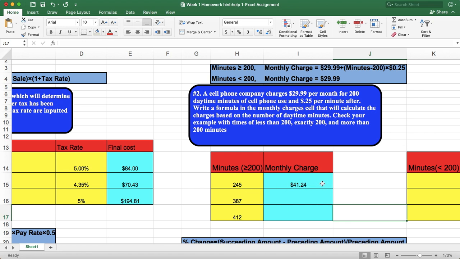No, we just click this cell and put the mouse on the right bottom, and when the mouse appears as a plus sign, you just drag down. Excel will automatically calculate for you. It is called autofill.